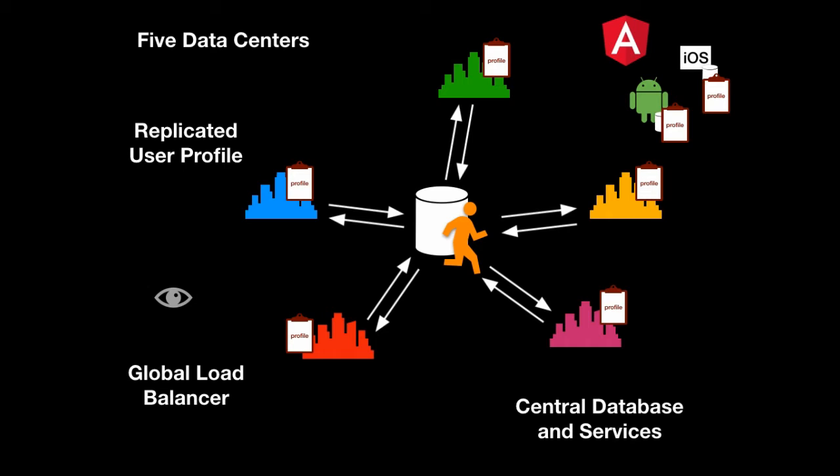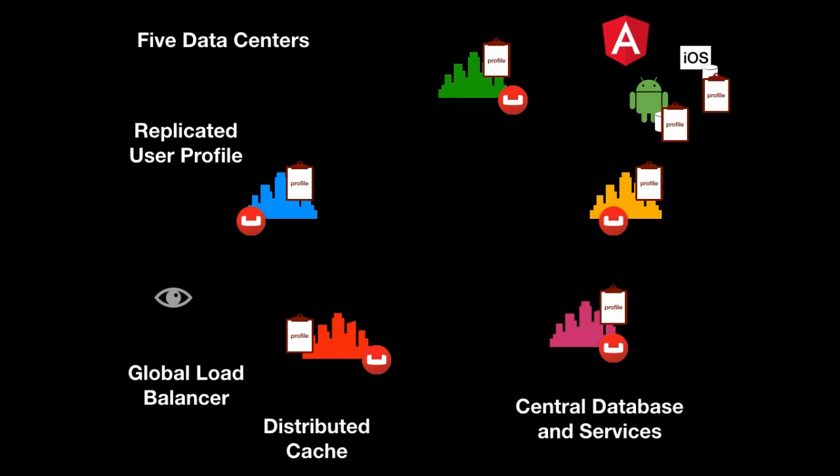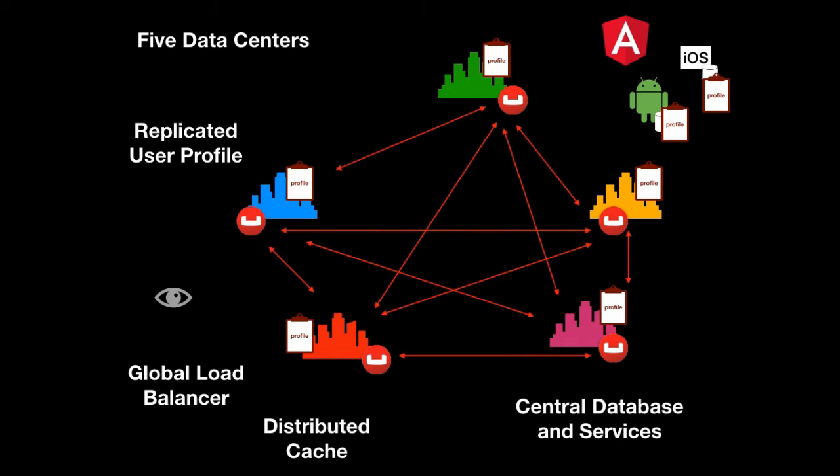And the initial thought was to use a distributed caching technology, and in this case they picked Couchbase document database, which supports replication across the various clusters, and was intended to quickly distribute the information.